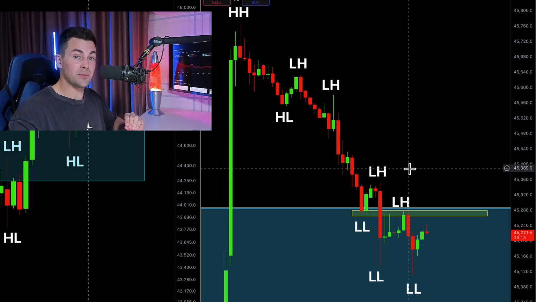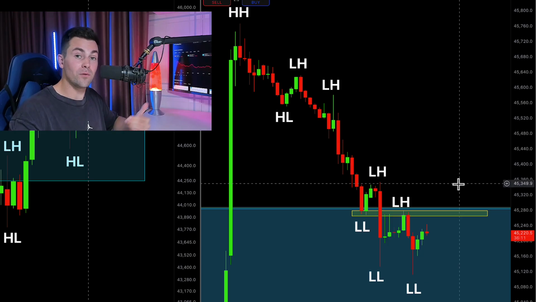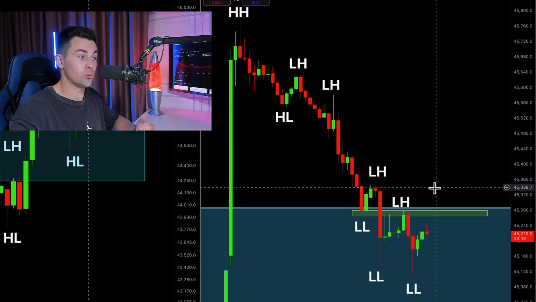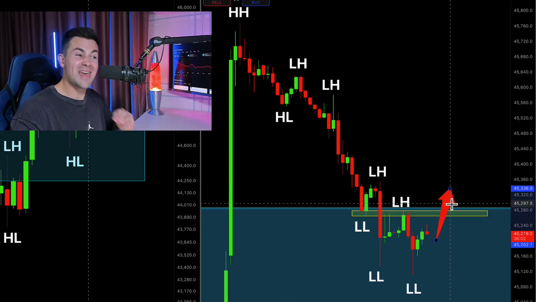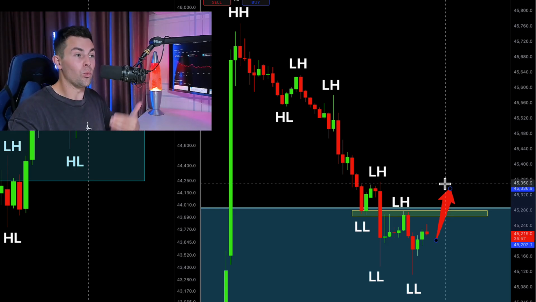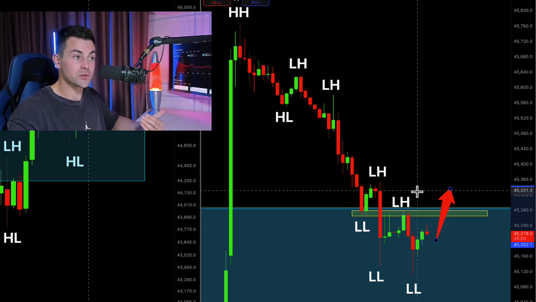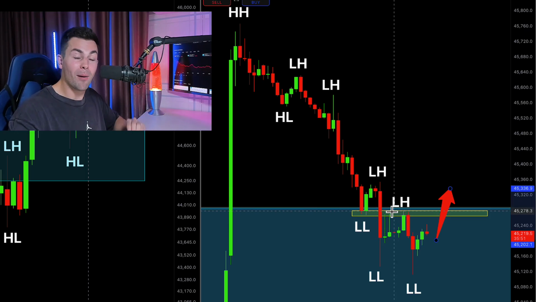The signal that will confirm a start of a new bullish wave is a violation of that bearish trend. Once the price violates our last lower high, that will be a signal of a change of character, a violation of a bearish trend and a start of a new bullish trend. Once we close above that yellow structure, that will be our signal to buy.